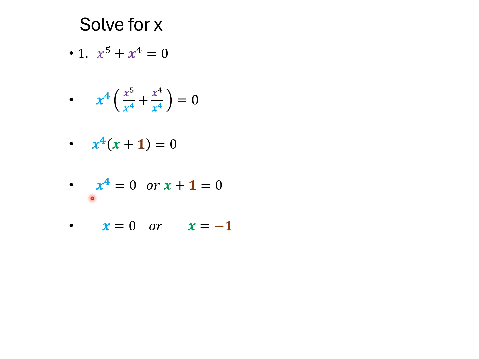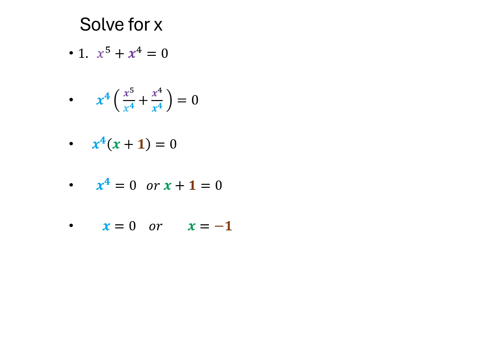If I take the fourth root of 0, it still stays 0, so x equals 0. Here, x plus 1 equals 0. I take the positive 1 over. Remember, I'm solving for x, so I want x on its own on the left-hand side. If I take positive 1 over, it becomes negative 1. Therefore, x equals negative 1.